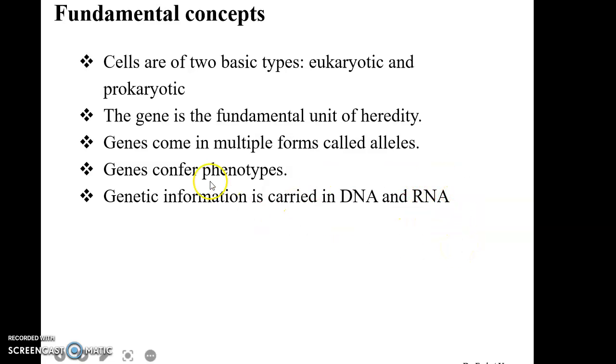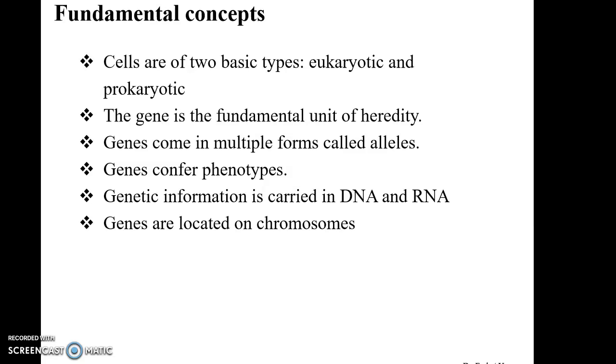You are also very much aware about the DNA and RNA, and it is very important to understand them before understanding genetics. Next important concept is the location of the genes. Genes are located on the chromosomes.